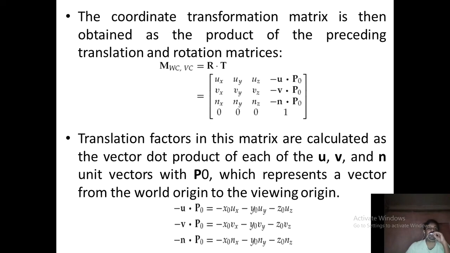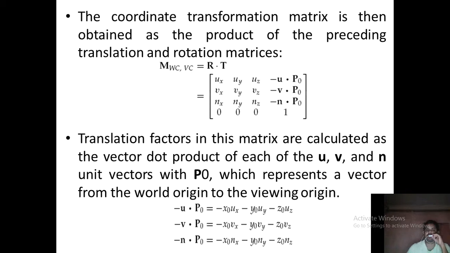The coordinate transformation matrix is then obtained as the product of the preceding translation and rotation matrices. If you multiply them, you get the matrix with ux, uy, uz, minus u dot product p naught, minus v dot product p naught, minus n dot product p naught.